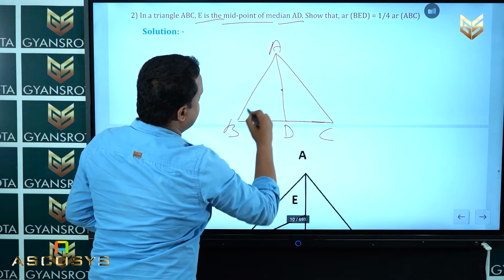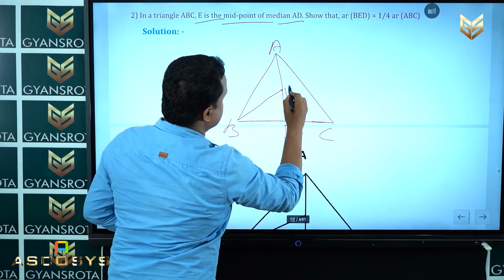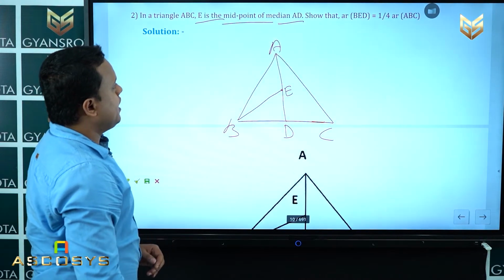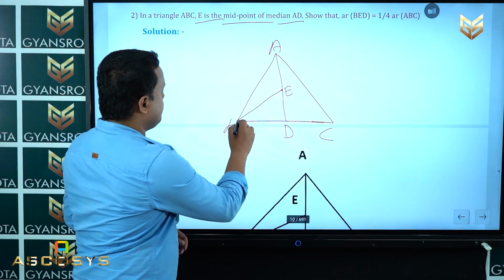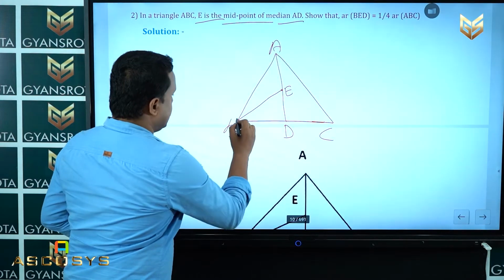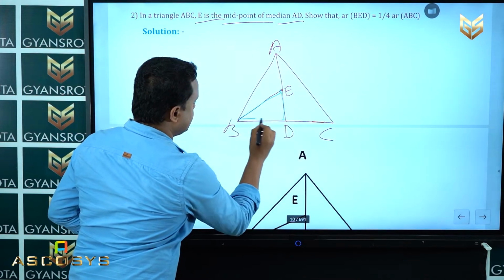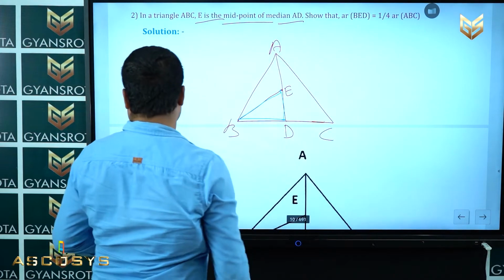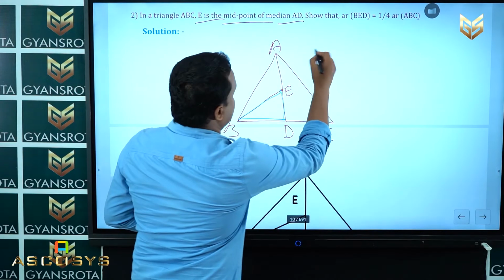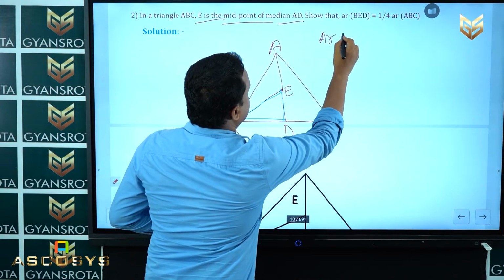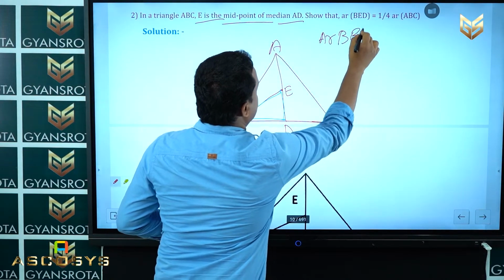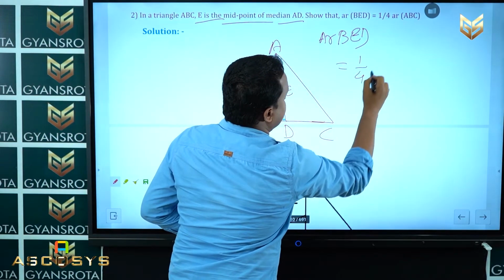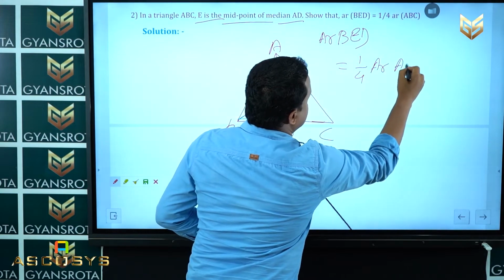We have to show that the area of BED, this triangle, is equal to 1/4 of the area of ABC. So, what we need to show: area of BED is equal to 1/4 of area of ABC.